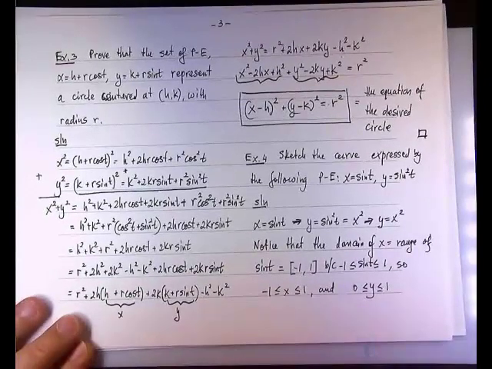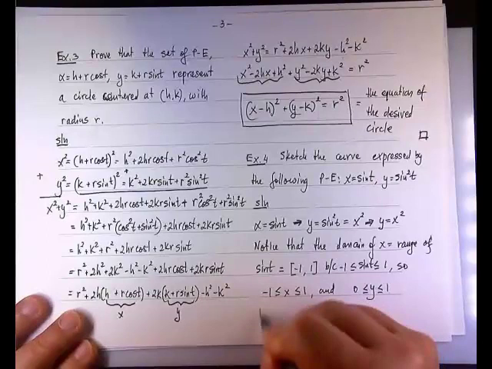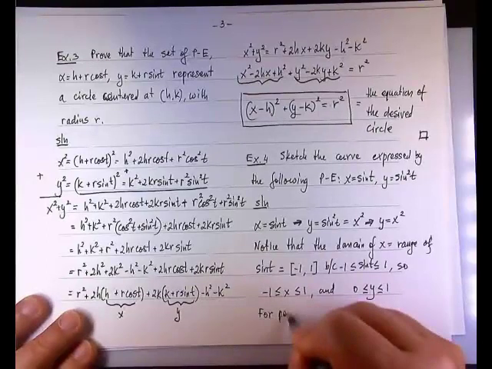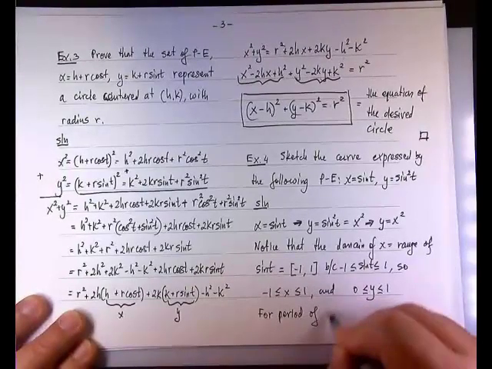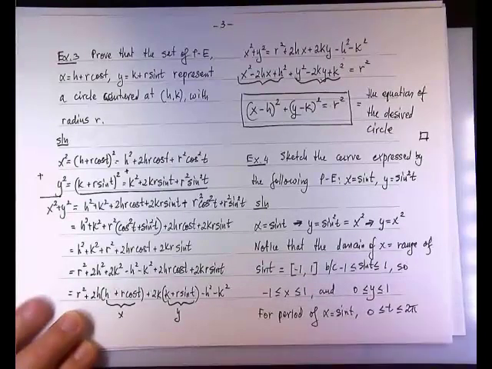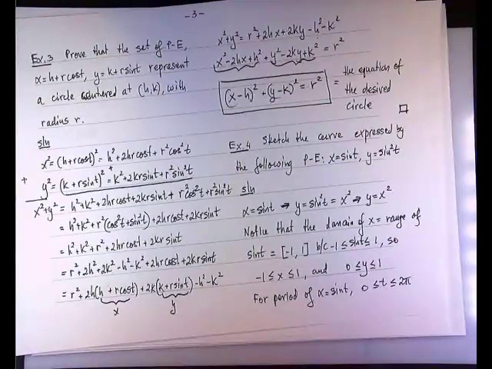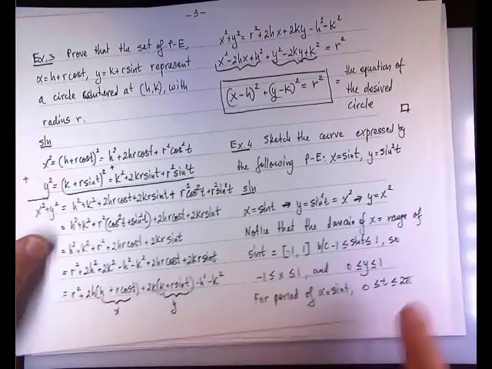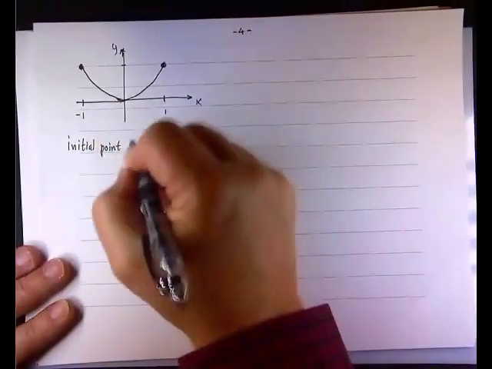So we can take one period, and we can say, for one period of x equals sine t, t will go from 0 to 2 pi. And we don't care after that because it's going to be simply repetition. So if you go 2 pi to 4 pi, 4 pi to 6 pi, or -2 pi to 0, -4 pi to -2 pi, it's all going to be the same. The point is t is a value between 0 and 2 pi. Okay, so keep that in mind.